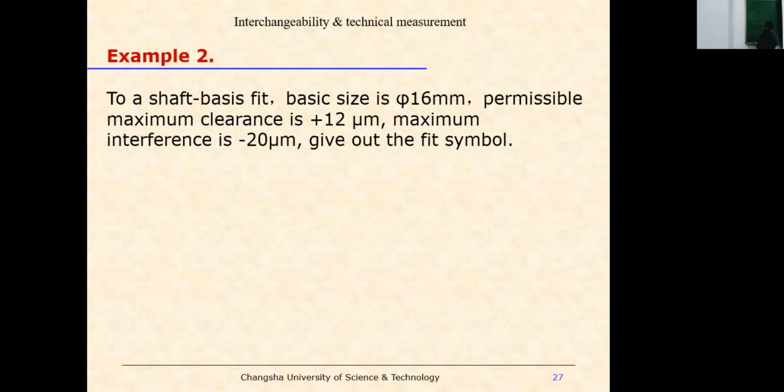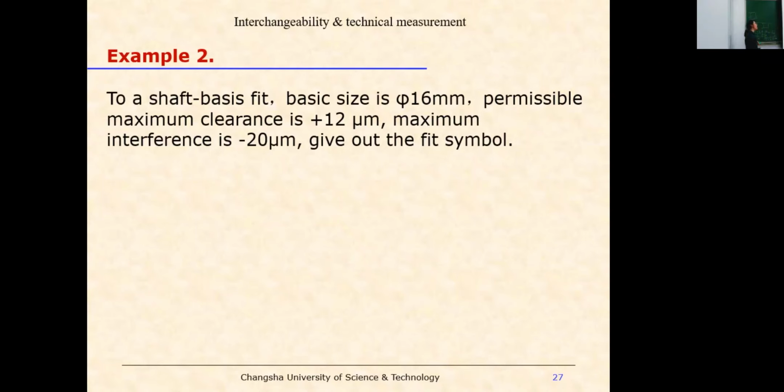We choose the sixth. The shaft is the sixth, but it's a high pressure, so I will choose the hole is 7. When we choose the sixth, it's okay, and then we go back to that if the range is like this one, so we can choose a larger range.